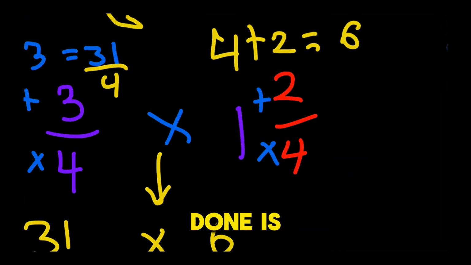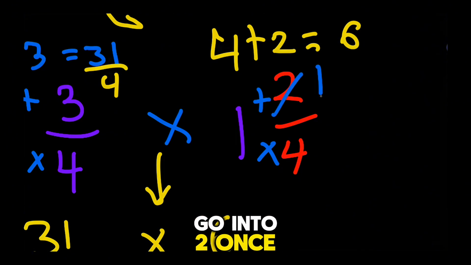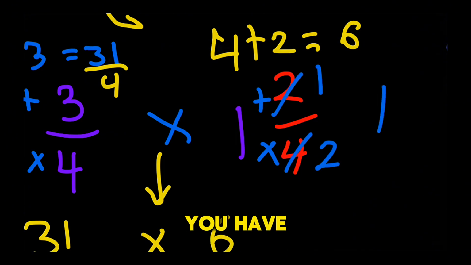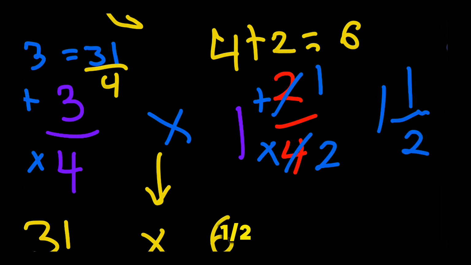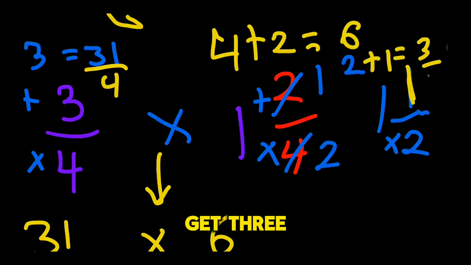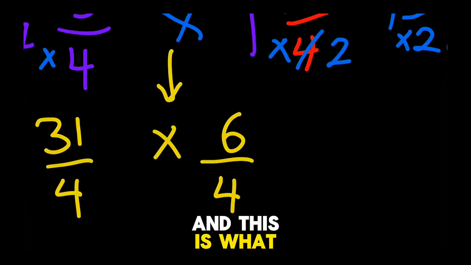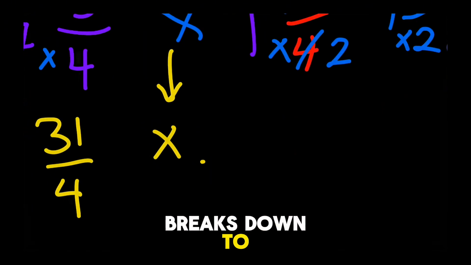Additionally, what you could have done is just reduce this. So 2 can go into 2 once, 2 can go into 4 twice. So now you have 1 and a half. Then 2 multiplied by 1 is going to be 2, and then 2 plus this 1 is going to get 3 over 2. And this is what 6 over 4 basically breaks down to.